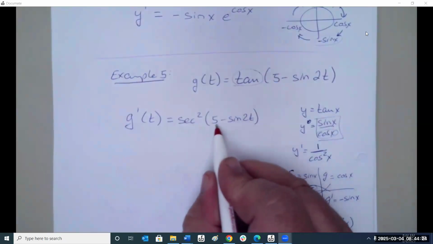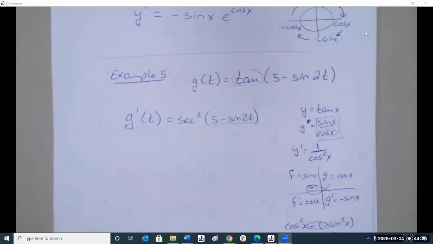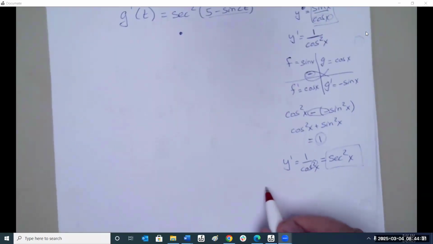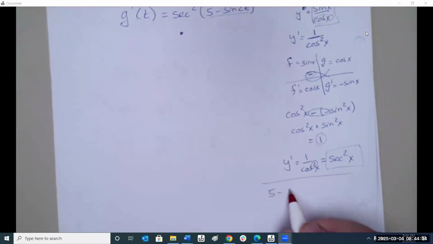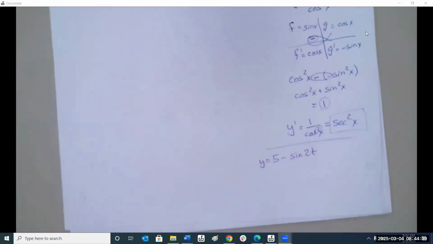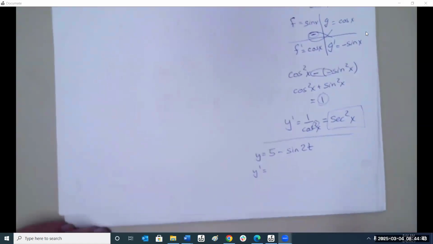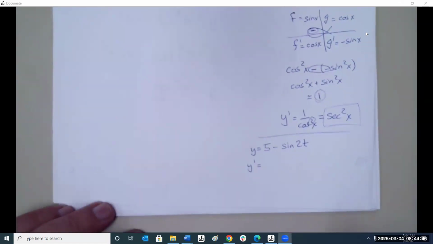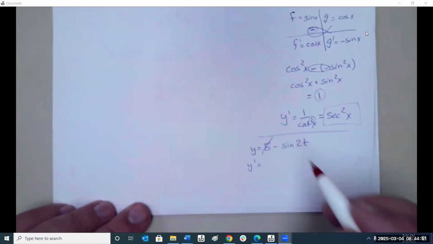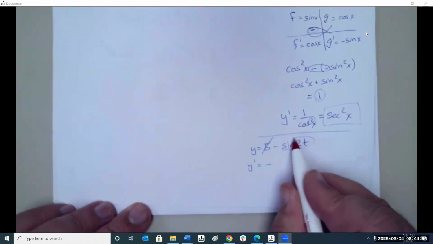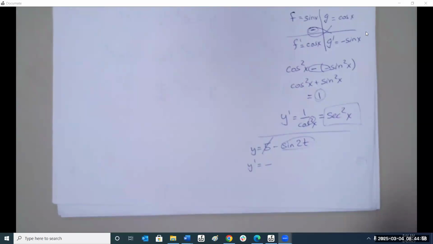Now we have to take the derivative of the inside. We multiply. What's the derivative of the inside? We have 5 minus sine 2t. If this is equal to y, what's the derivative? Derivative of 5? 0, that disappears. Now we have another chain rule.